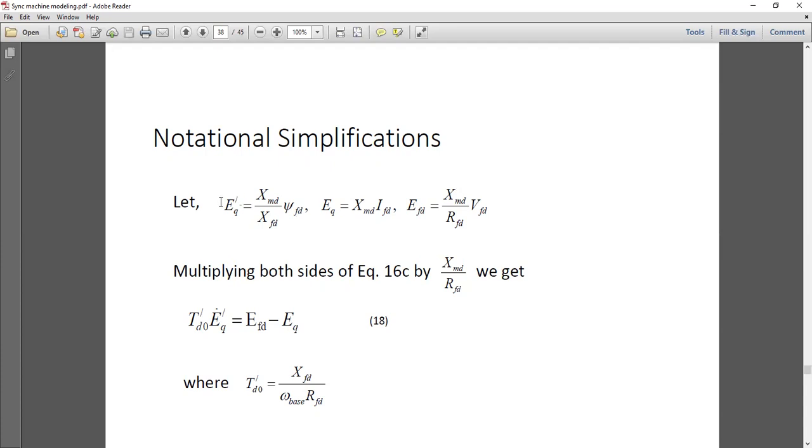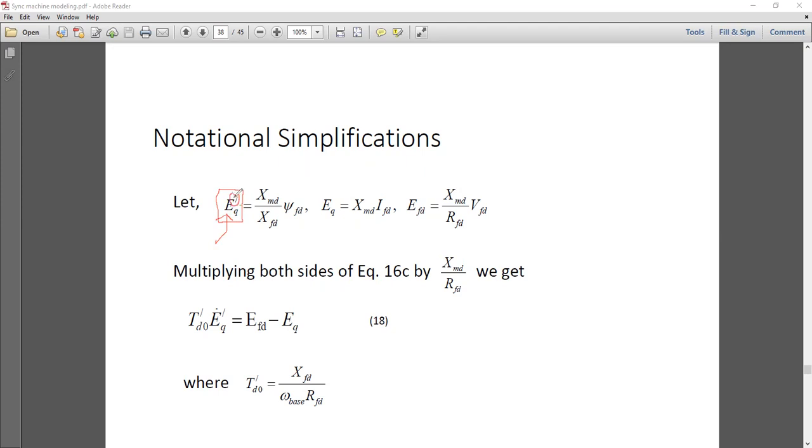So we assume that there is a variable EQ dash, which is xmd over xfd multiplied by psi fd. We have some other EQ. So what is this EQ dash? We call it the Q axis voltage, where E stands for voltage, in transient condition.